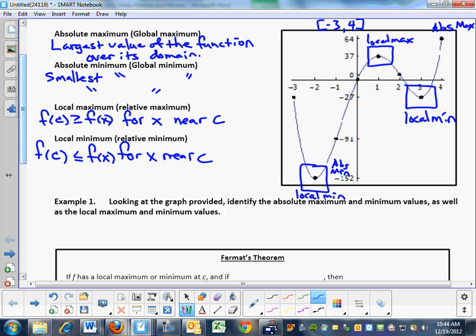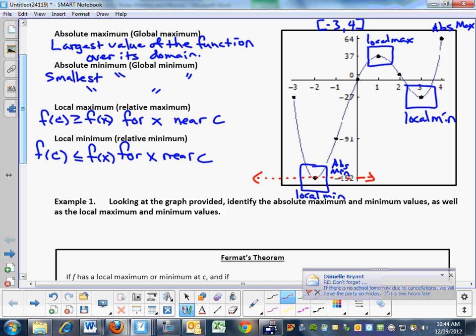Yeah. See, if you were to draw a tangent line, what is the slope of that tangent line? 0.